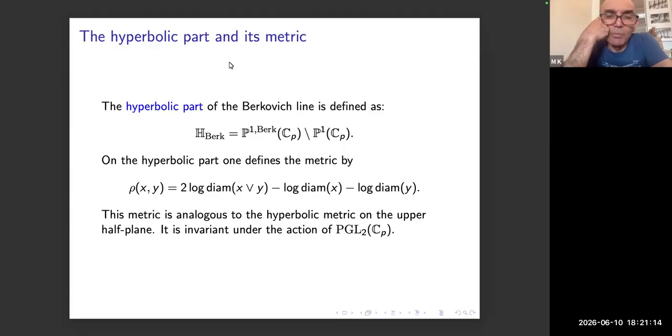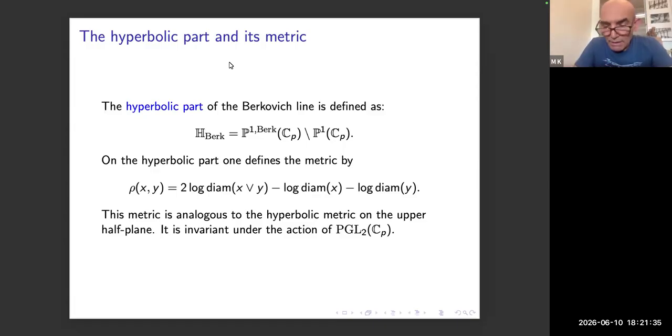On this hyperbolic part, you can define a metric rho of x and y, the distance between 2 points. Again, these are two multiplicative seminorms, by log of those expressions that we had before.